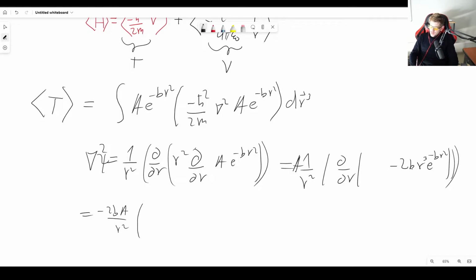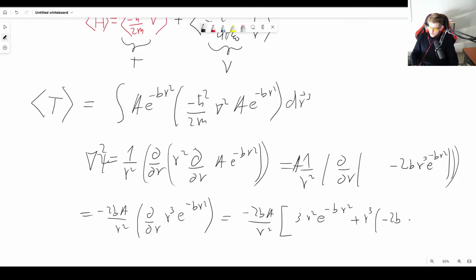And now we take the derivative. Actually, let me rewrite it first: r cubed e to the minus br squared. Okay, now let's take the derivative. We get 3r squared e to the minus br squared, plus the derivative of the exponential times r cubed, and the derivative of the exponential is minus 2br e to the minus br squared.